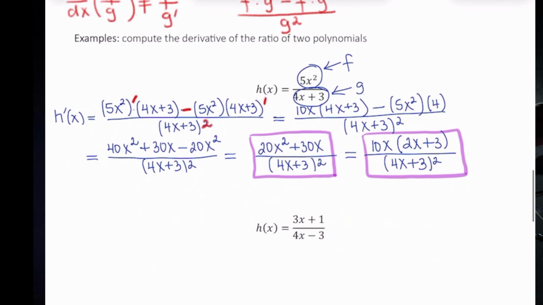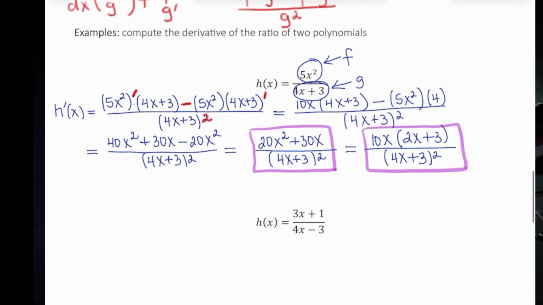Here we have another rational function, 3x plus 1 over 4x minus 3. Let's compute its derivative. First, I'm going to apply the rule. So this is 3x plus 1 prime times 4x minus 3 minus 3x plus 1 times 4x minus 3 prime.